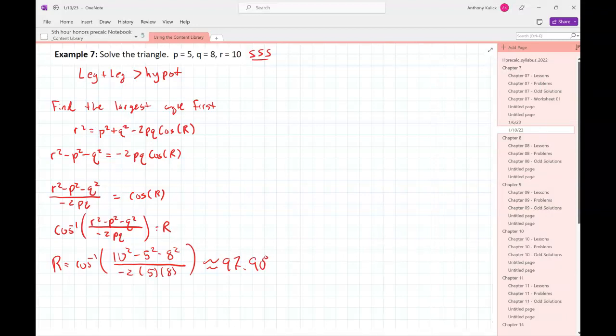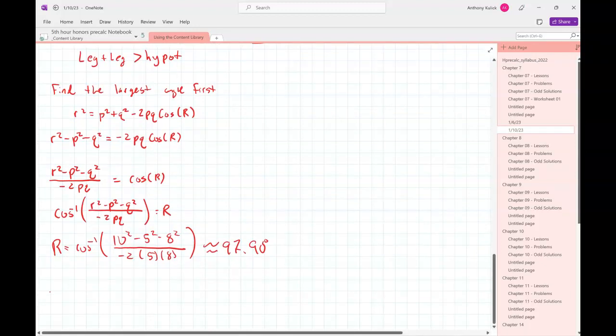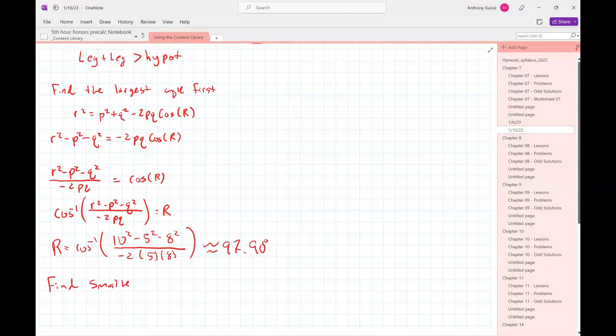Now notice this is an obtuse angle. So if I do an SSA with this, I'm guaranteed to just get one triangle, which is fine. Now, if this was acute, I have to be quite careful again. When I'm using the law of sines, I want to find the smallest angle first.